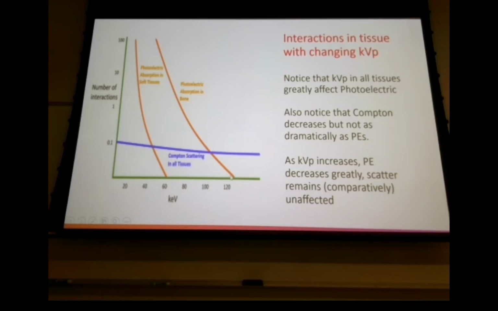We get down here to 130 kVp, and according to this, which is not necessarily 100% accurate, at 130 kVp you get no absorption in bone. At 60 kVp, you get no absorption in soft tissue. You will, but, just for a visual.